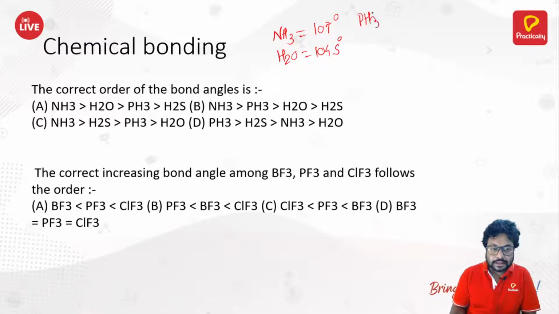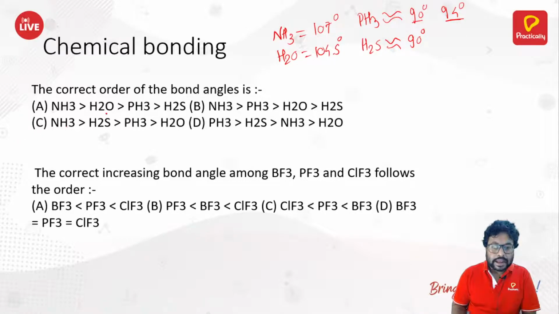In PH3, the bond angle is somewhere closer to 90 degrees. I won't say it is exactly 90 degrees, but it is somewhere around 94 degrees. Lastly, for H2S, the bond angle is close to 90 degrees.